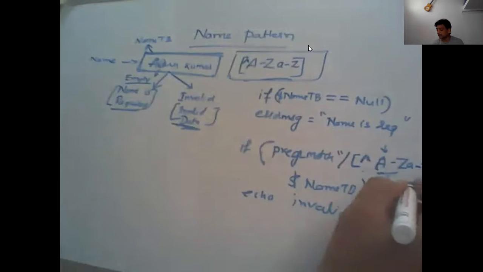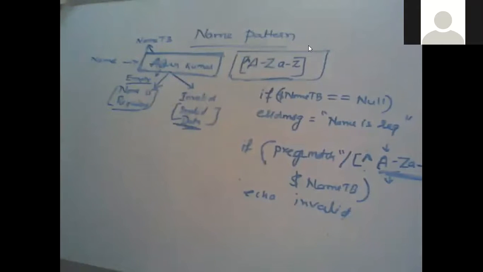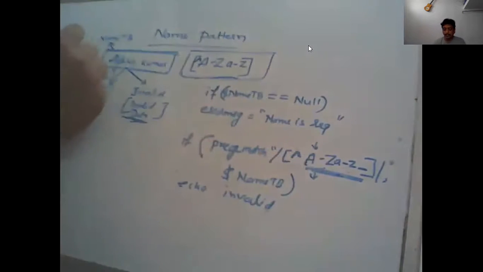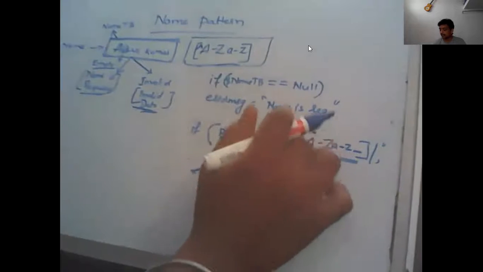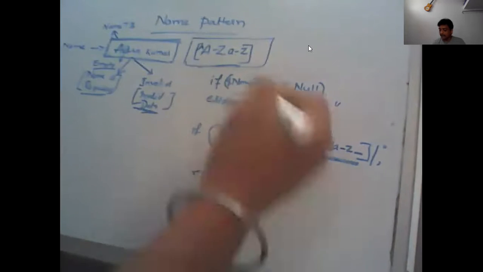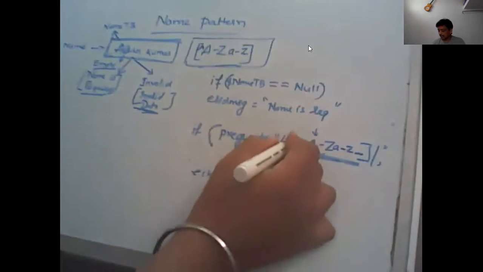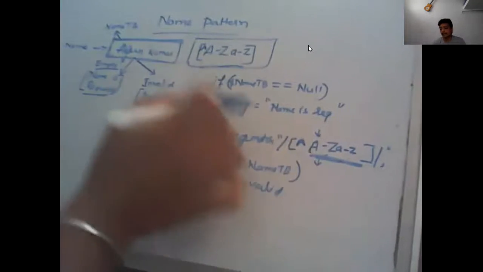We have not mentioned any special character anywhere; no special character should come. For matching, it should match only with characters. Apart from characters, anything else that comes will not match, and it is taken as an invalid pattern. It indicates that it should start with characters and be followed by characters itself. It will have only characters. Apart from that, it can have white space, that is, a space in between the name.